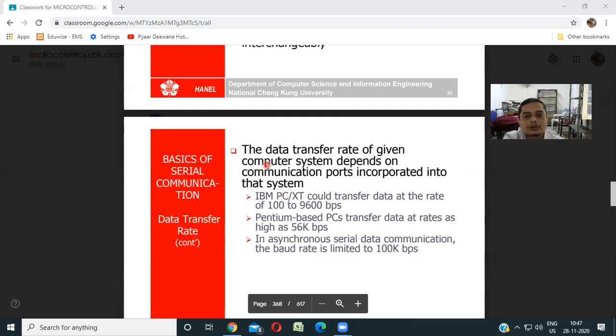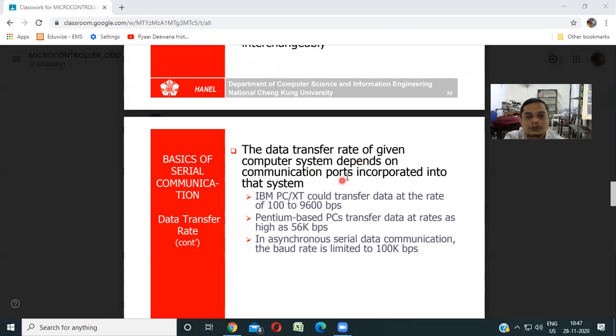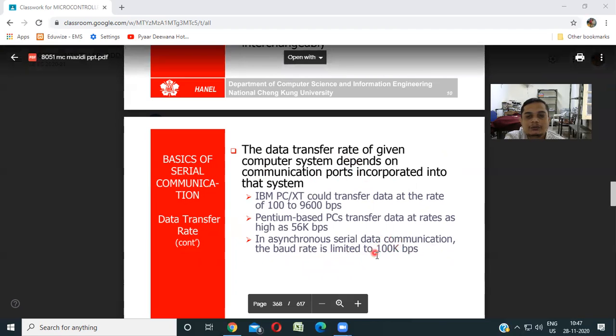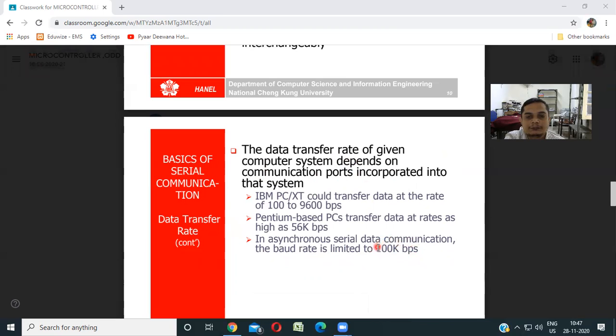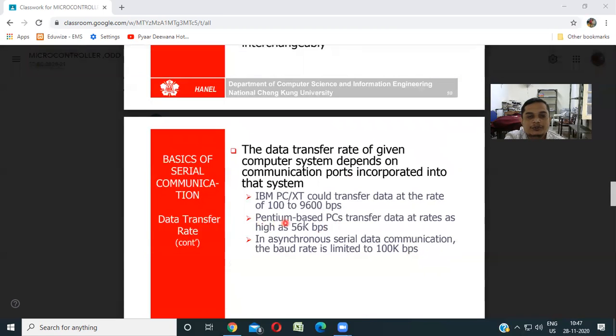Okay, so the data transfer rate of a given computer system depends on the communication ports incorporated into the system. We have different ports for communication. Here, asynchronous data transfer baud rate is limited to 100 kilobits per second. Pentium series PCs can transfer 56 kilobits per second.